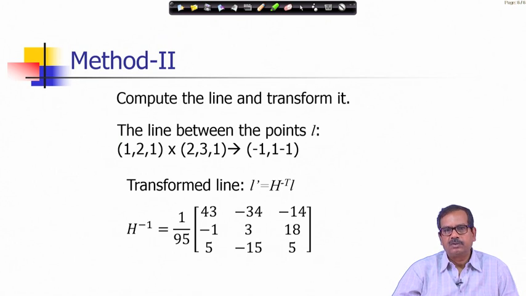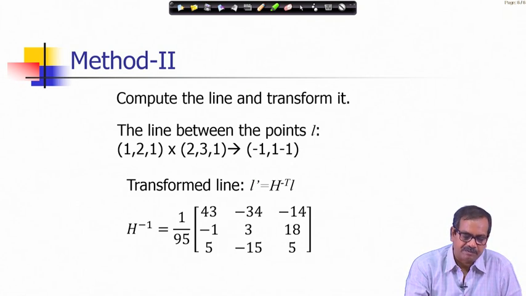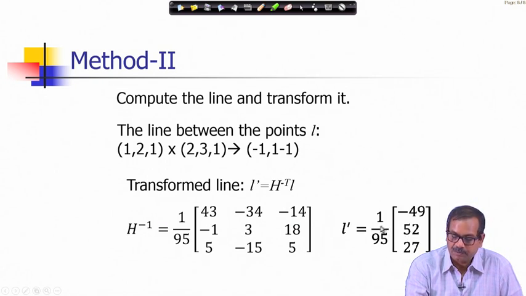So, please go through a standard textbook of matrix operations. You will find out the steps of doing inverse, and you should be familiarized with these computations. Particularly since it is a 3 cross 3 matrix, it should not take that much of time to get an inversion. So, after performing the inversion of the transformation matrix, then you have to take the transpose of this matrix and perform the computations.